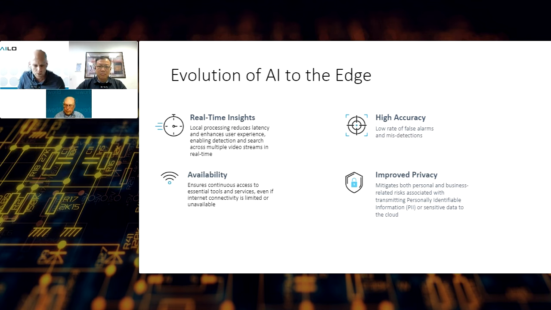And the last of the four may be the most important for many applications, and this is improved privacy. A common AI application is, in a hospital situation, detecting if a patient is getting the proper care, and you need to feed that information through a hospital system. In many cases, you can't transmit that very private data up to the cloud to be worked on by AI.